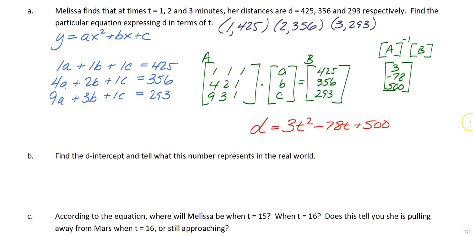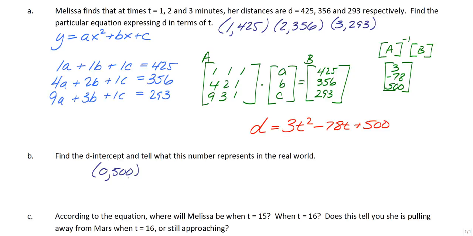From here, we are going to go answer some more questions. Now, your graphing calculator would be very helpful for this, so if you would like it, go get it. It says, find the D intercept. Well, that's like a Y intercept, so that's when t is 0. If you were to just look at 0 in your graphing calculator on the table, it will give you 0, 500.